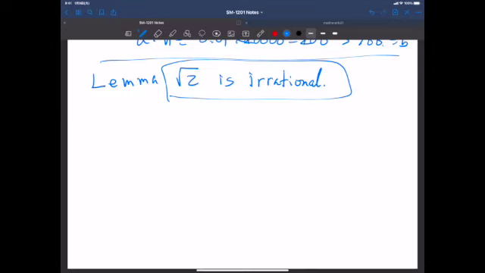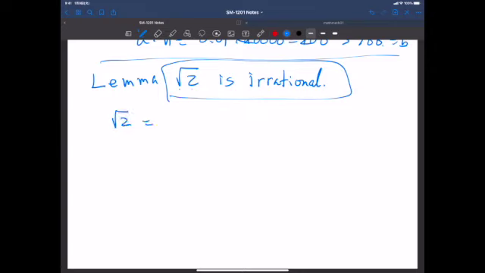Irrational means it's not rational, right? So we prove by contradiction. Contradiction means if we assume square root of 2 is rational, then there is a contradiction. Okay? So assume square root of 2 is a rational number.